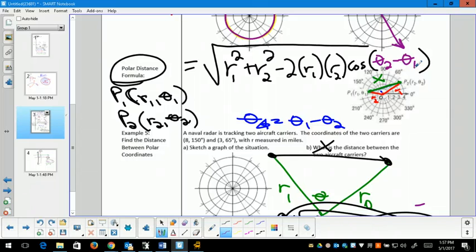It honestly won't matter. One of them could be negative. It'll still work out. It's okay. So here's our polar distance formula.